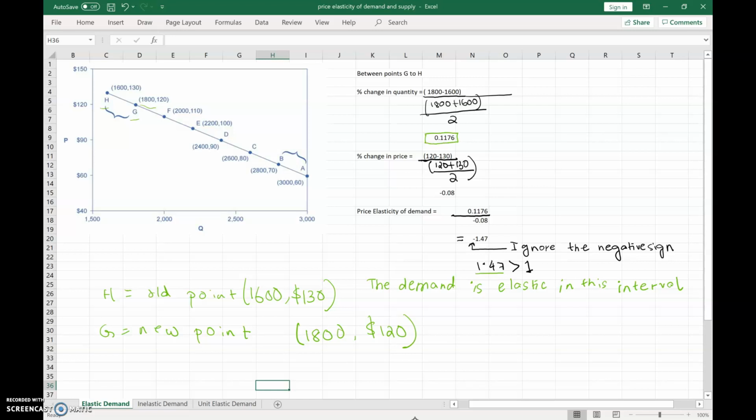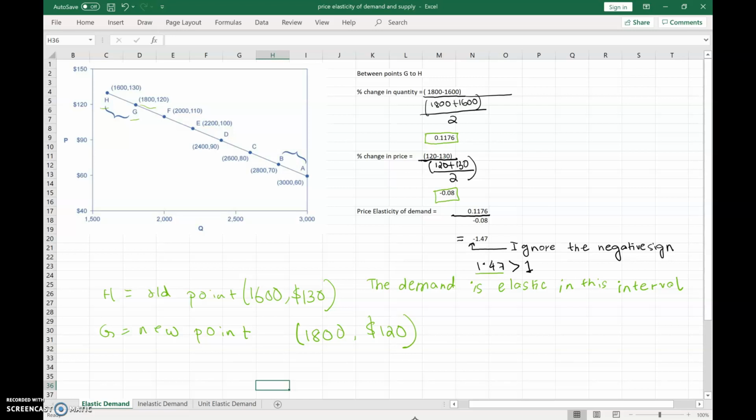Now I do the same thing for price. The change in price between these 2 points is 120 minus 130 over the average of prices. I have this number as negative 0.08. To compute the price elasticity of demand, I'm going to divide 0.1176 over negative 0.08. My result is negative 1.47.